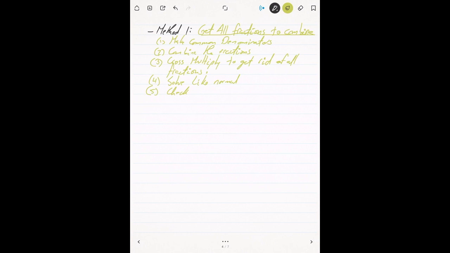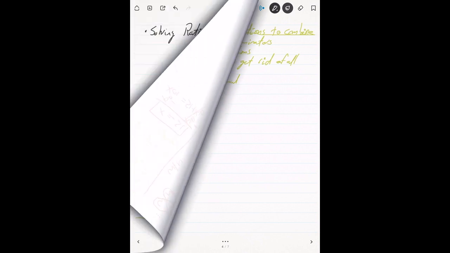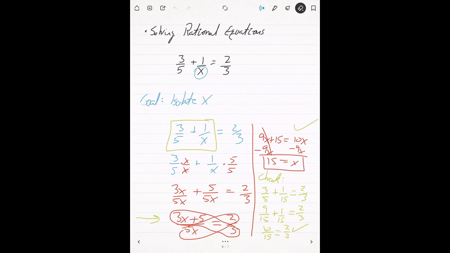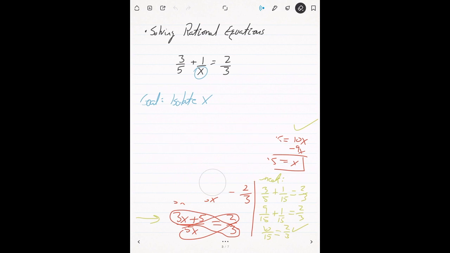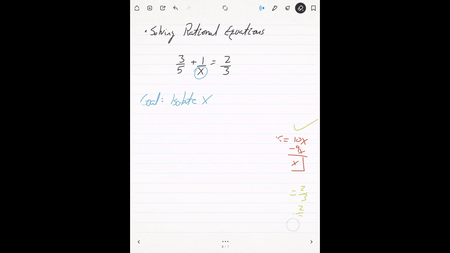What I'd like us to do now is see if there are any other techniques that we could use for solving this. I'm going to go back to our previous problem, and I want to clear some space. In the previous problem, we said our overall goal was to isolate x, and we have the same goal here, isolate x again.